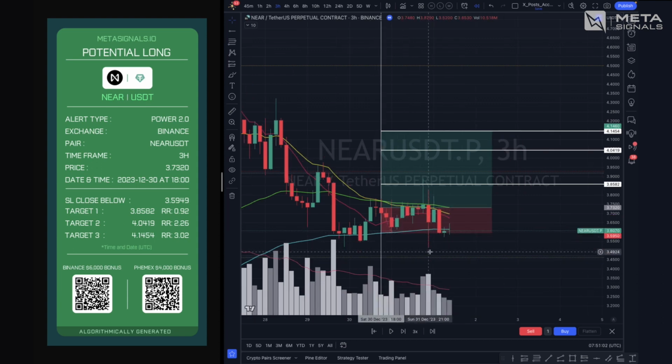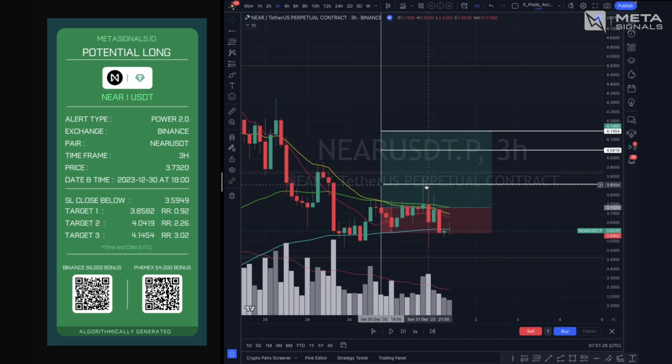We've gone and wicked below the stop loss close below value a couple times. I think right here we went to 3.5930. So if you had put a static stop loss, you most likely would have been knocked out right there, depending on whether you're using mark or last price for your stop loss.